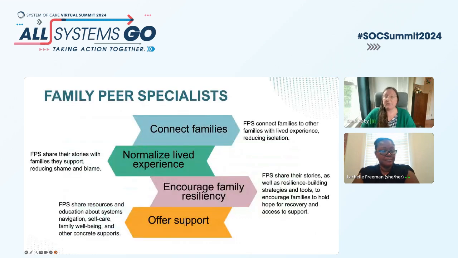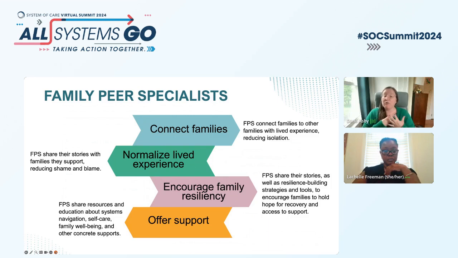So what does a family peer specialist do? They connect families to other families that have the same lived experience, which helps reduce their isolation. Family peers normalize lived experience by sharing their own stories, and this helps to reduce shame and blame about having a family member with mental health or substance use challenges. One of the most important things that family peers do is they encourage family resiliency.